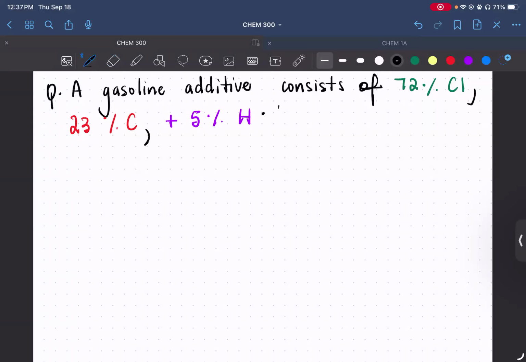The question first asks, what is its EF? What is its empirical formula?